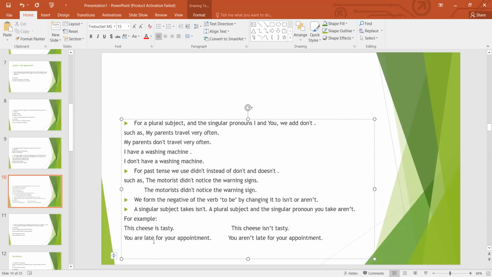For example, this cheese is tasty. This cheese isn't tasty. We talk about a singular subject, right? So that's why in the negative form, we use isn't. And also, you, a singular pronoun.